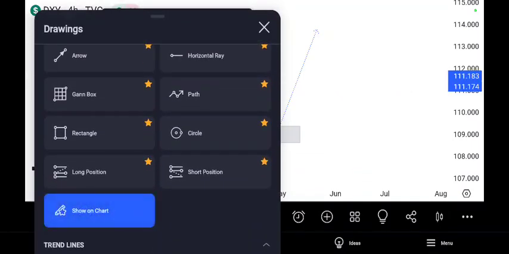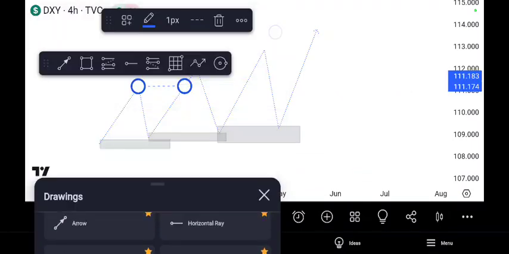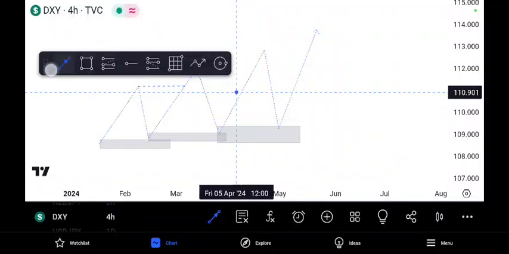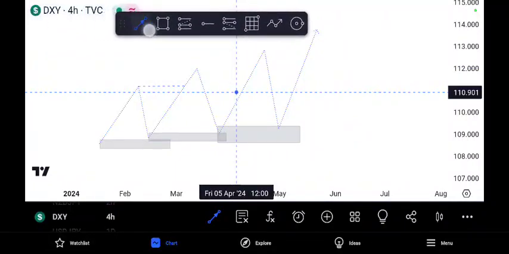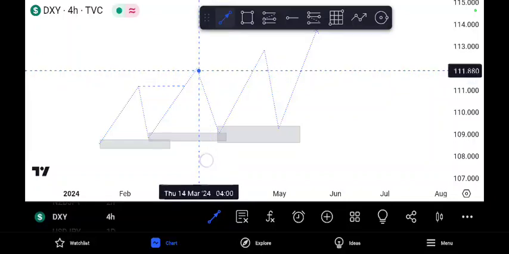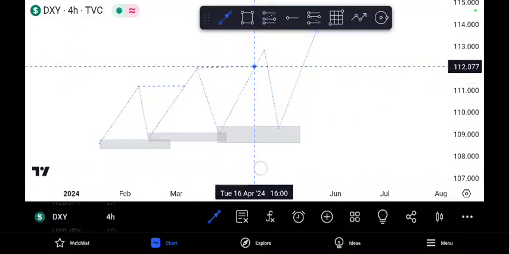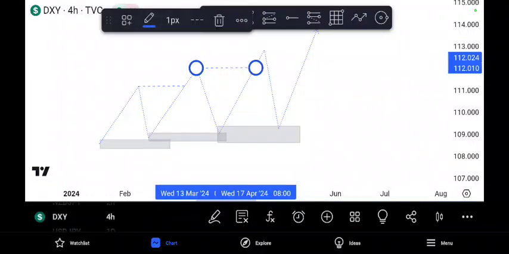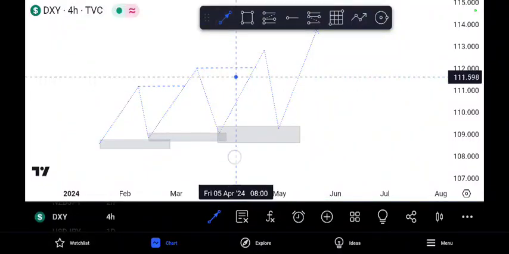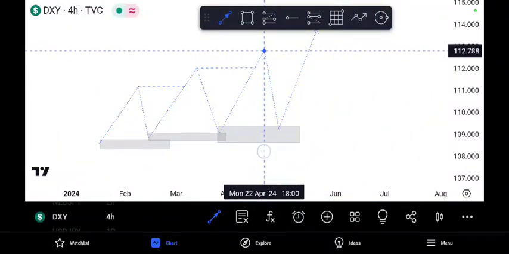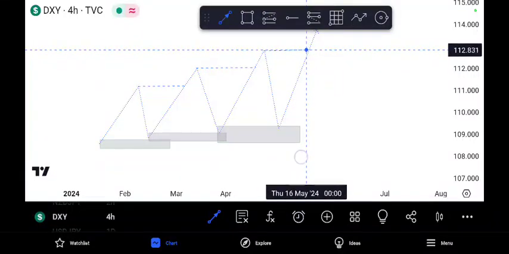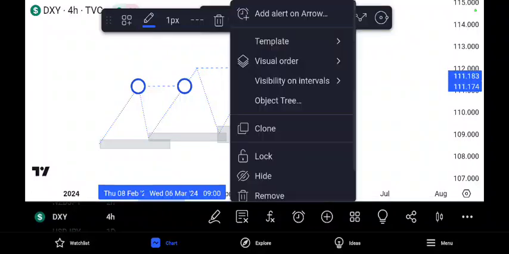These are your BMS to the upside. These markings are your BMS to the upside. So this stands as BMS.